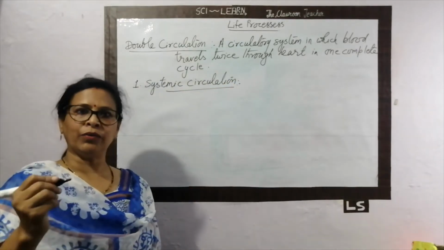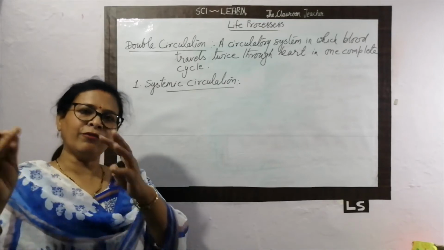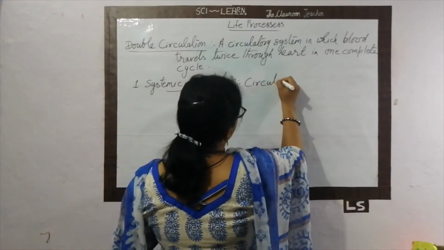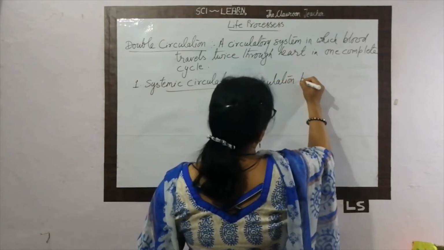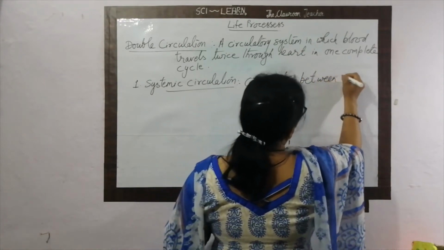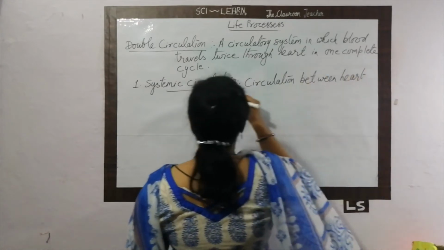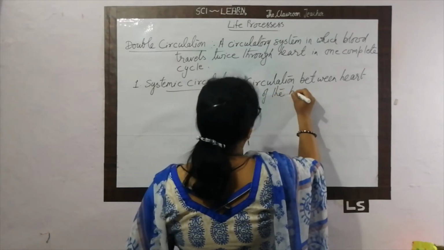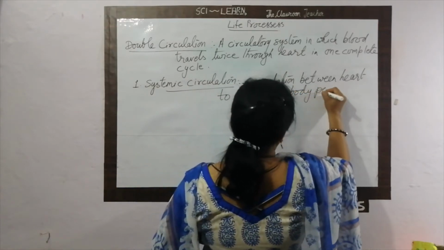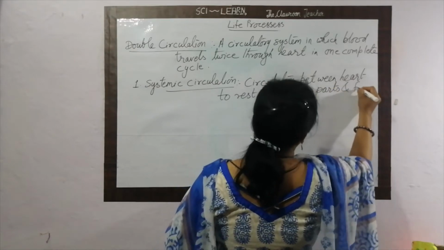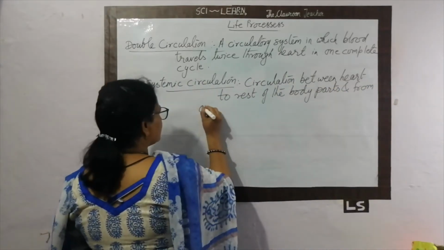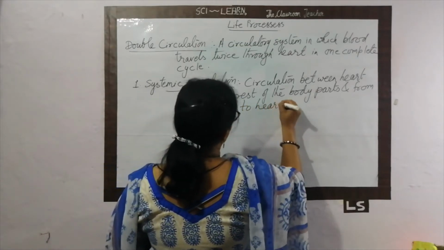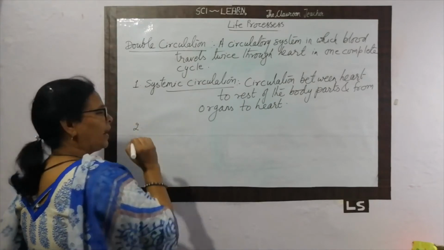The circulation from the heart to the rest of the body organs, and from the body parts or organs back to the heart, is called systemic circulation.